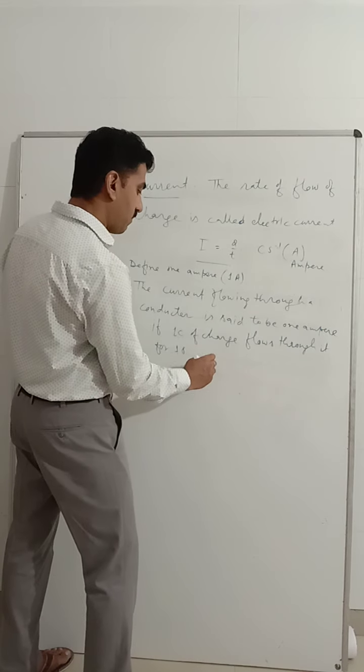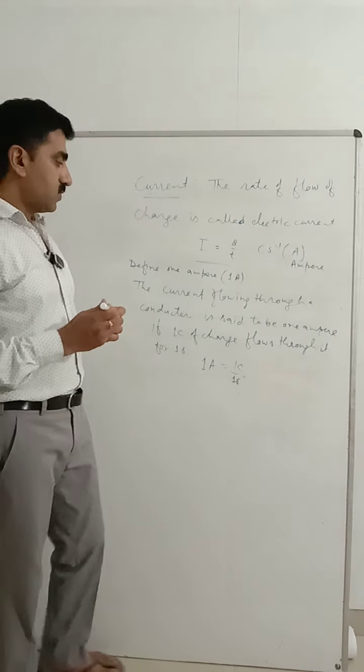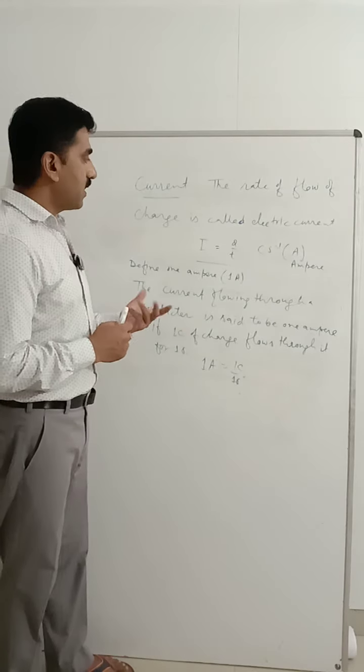So 1 ampere is equal to 1 coulomb upon 1 second. This is the way you can define 1 ampere. Sometimes this definition is asked during the exam.